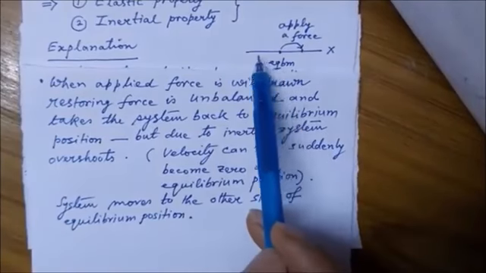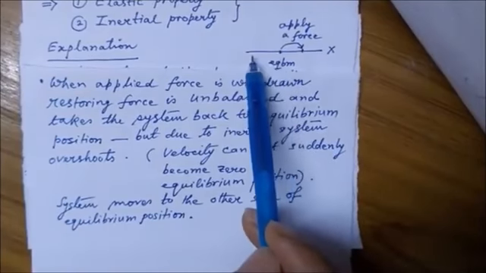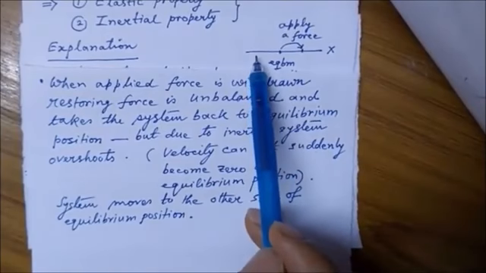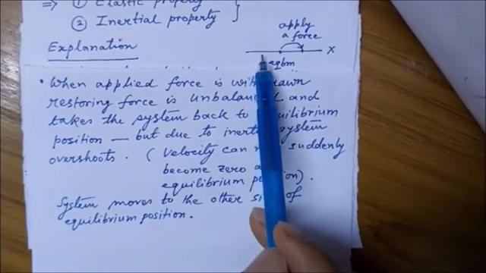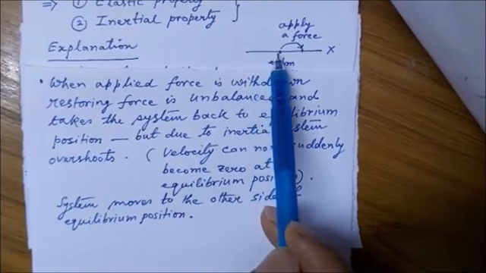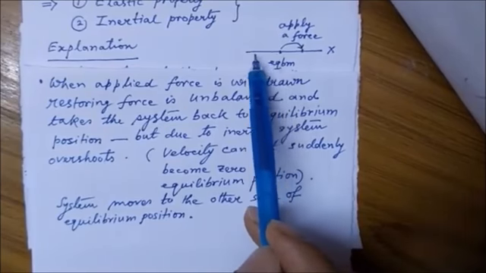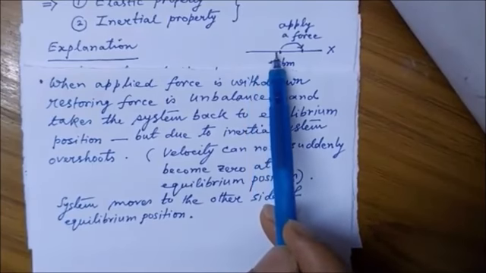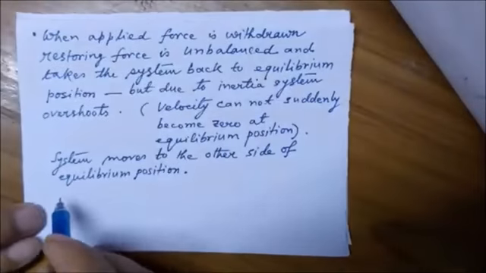Clearly, as the system is now on this side, again, the tendency of the system would be to be at equilibrium, and therefore again a restoring force will develop within it that will try to restore the system back to the equilibrium position, and the process repeats. So let us write it down.